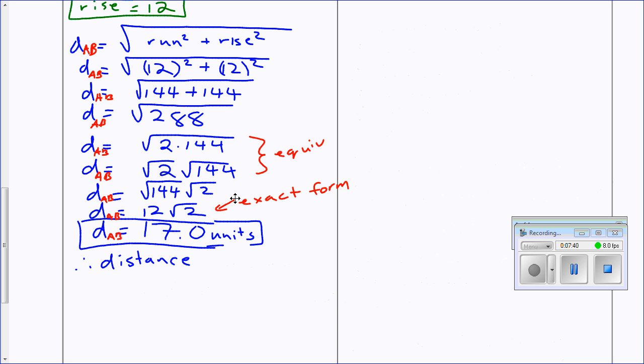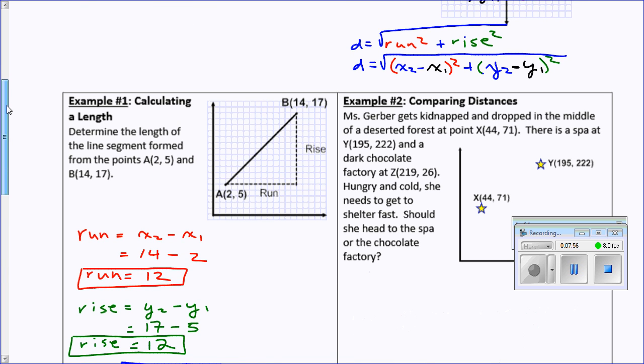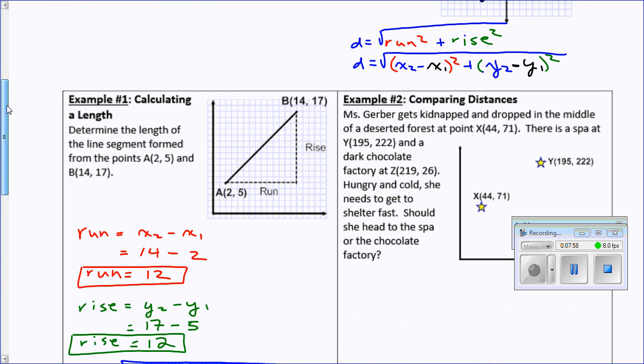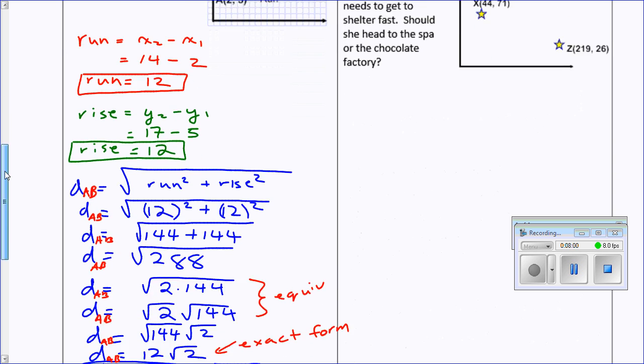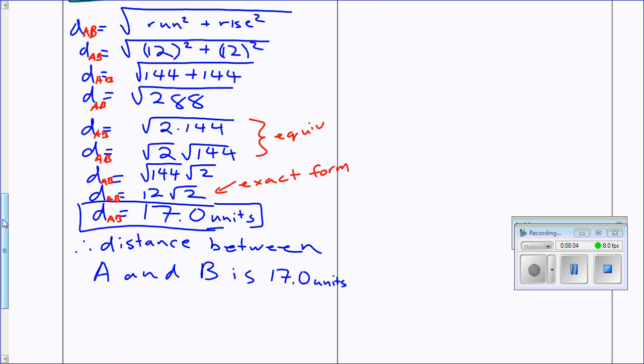Now, because this is a word problem, we always have to talk about our final answer. So you'd say the distance between A and B is 17.0 units, because if you looked originally, all this information was on a graph. It didn't say that these distances along the x-axis and y-axis were meters or kilometers. So you want to say that it's 17.0 units.